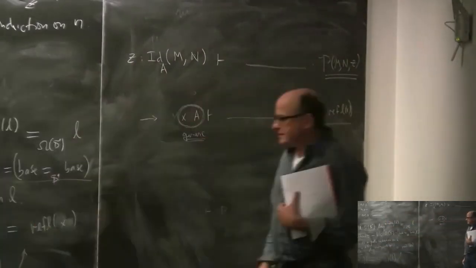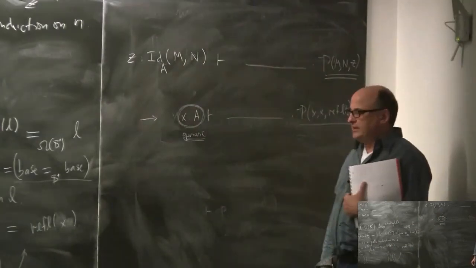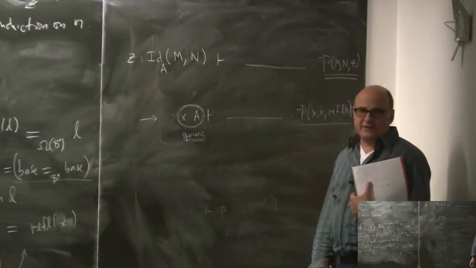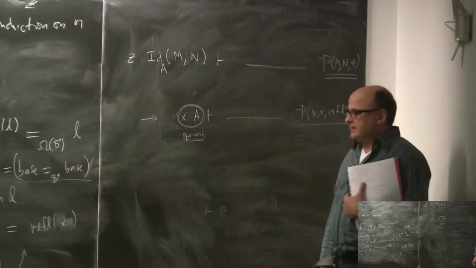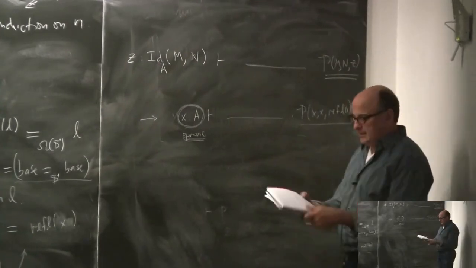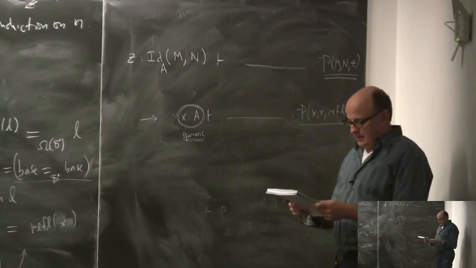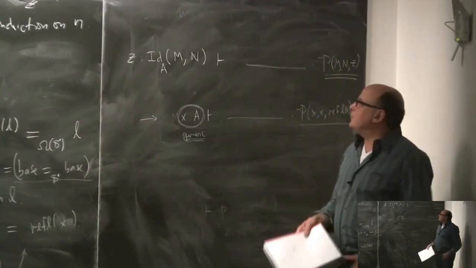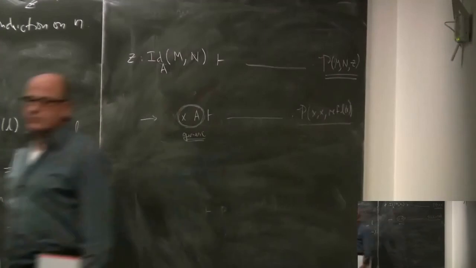And now that's a little bit unnerving. So now it's not so obvious anymore. It certainly isn't going to hold definitionally, whatever happens. It's not going to be a definitional equality. So what do we do? Do you see the point?